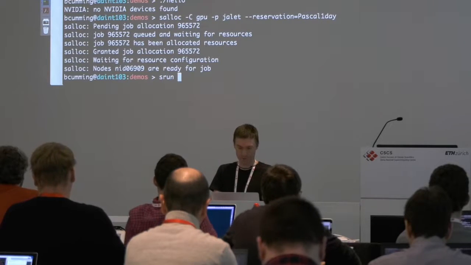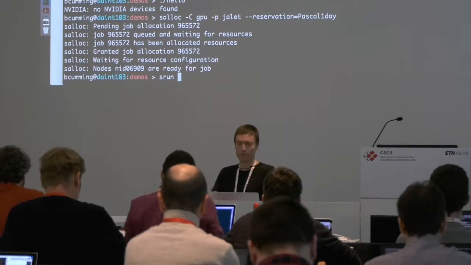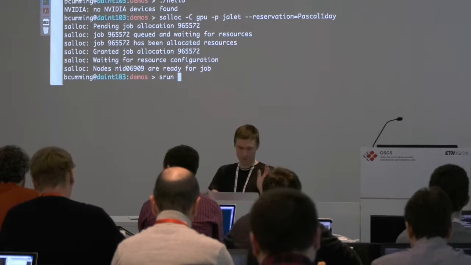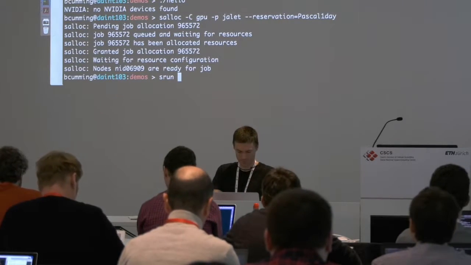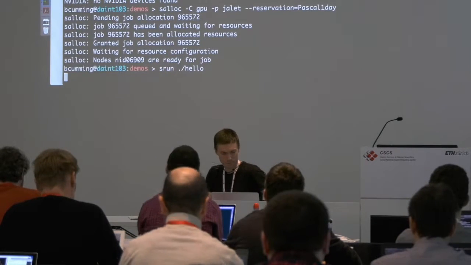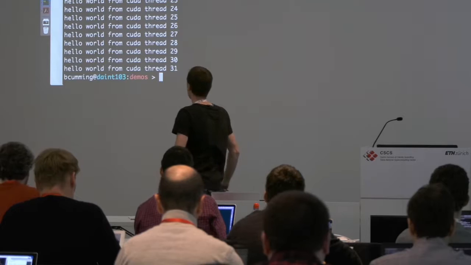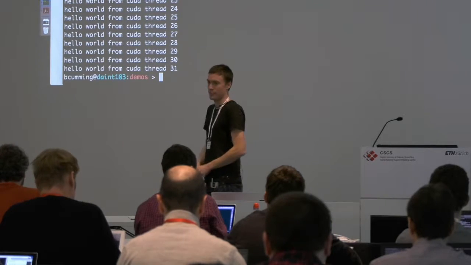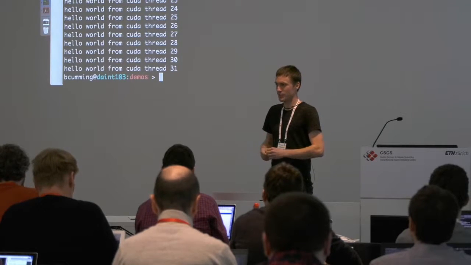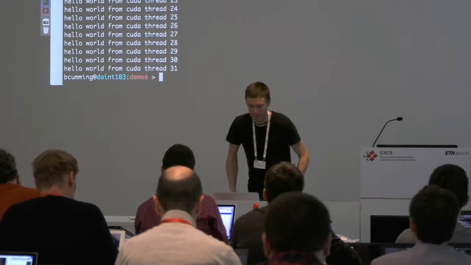Okay, so srun will launch our job, and if you're running an MPI application, you can pass in flags to say how many nodes and how you want the MPI configured, but for us, we're just running a single little job. And it printed hello world from a NVIDIA GPU, which is really bad for performance.